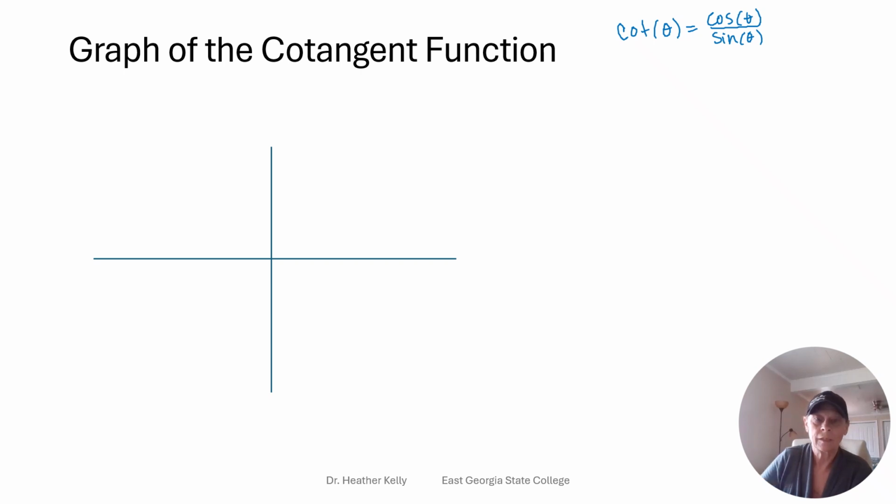So that means that our vertical asymptotes happen when sine of theta is equal to 0, and we just talked about that sine of theta is equal to 0 at k pi, where k is an element of the integers.